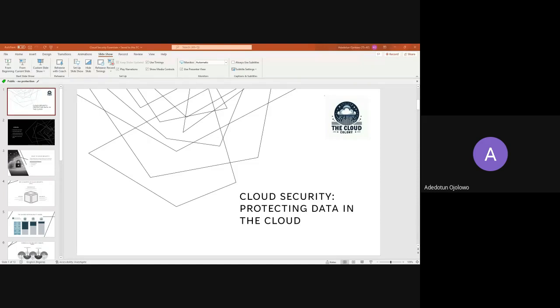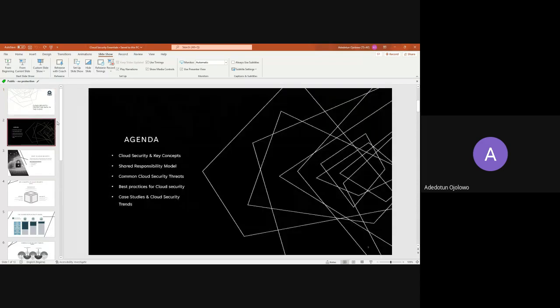Okay. So last week we spoke about cloud fundamentals, and this week we'll be talking about cloud security, especially about protecting data in cloud. Mainly, we'll cover what cloud security is, and some key concepts and components of cloud security.